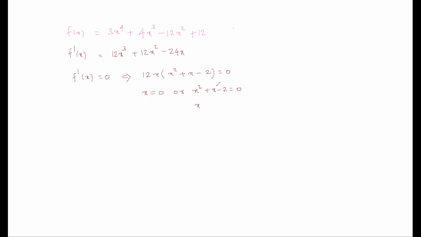Product is equal to minus 2, sum is equal to 1. So x minus 1 into x plus 2: minus 1 and plus 2 give product minus 2, and sum plus 1. So you will get x is equal to 1 or x is equal to minus 2.